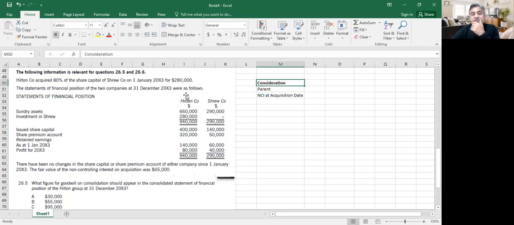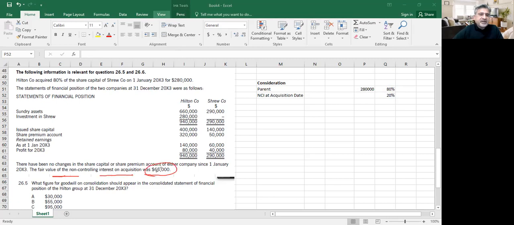It said that Hilton Company acquired 80% of the share capital, which means the parent is 80% and NCI is 20%. To acquire 80%, Hilton paid 280,000. Then down below, by the very end, they told us that the fair value of the non-controlling interest at acquisition was 65,000.